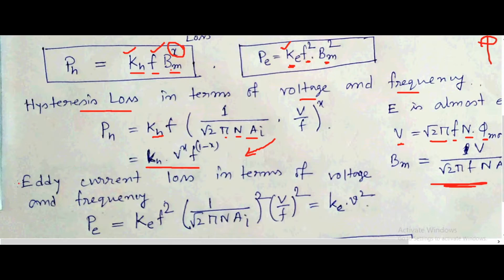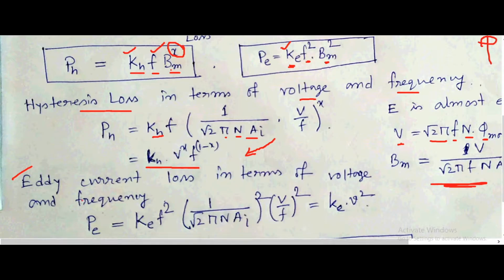Eddy current loss in terms of voltage and frequency: you can write again, if you put the B_m flux density value, we get this equation where f squared cancels out. We have only K_E as the constant, with all the constant parts written in terms of K_E and the square of the supply voltage.